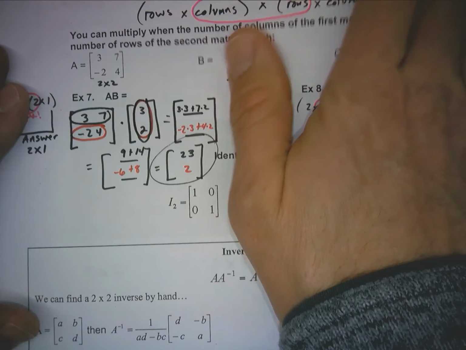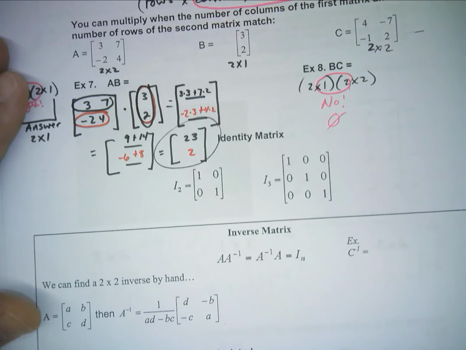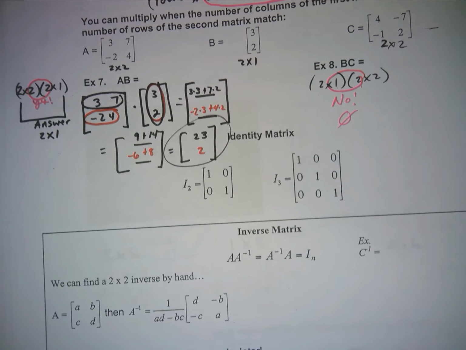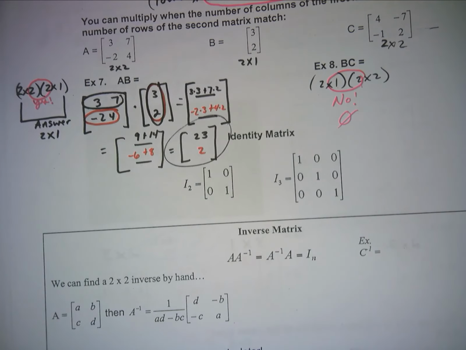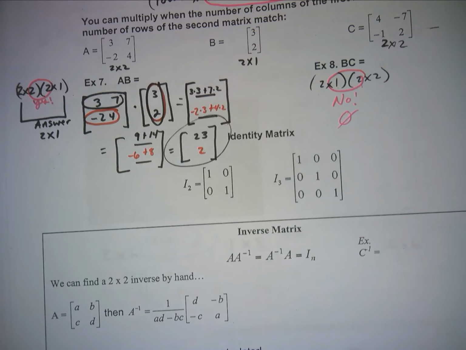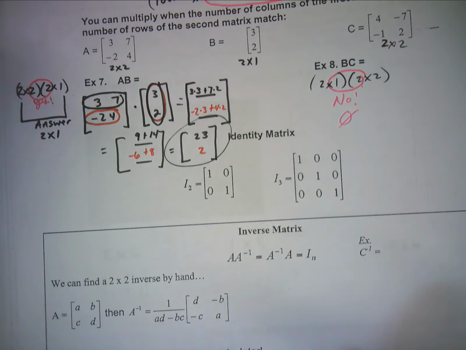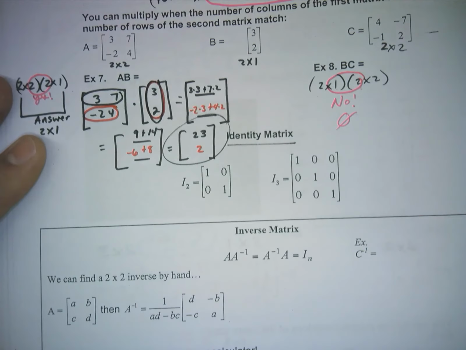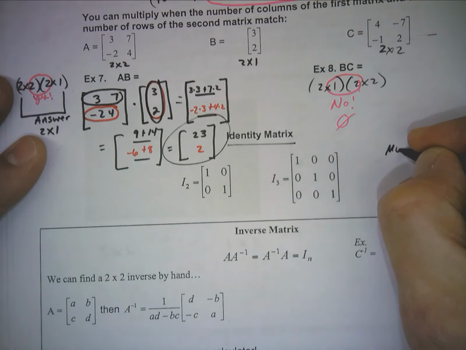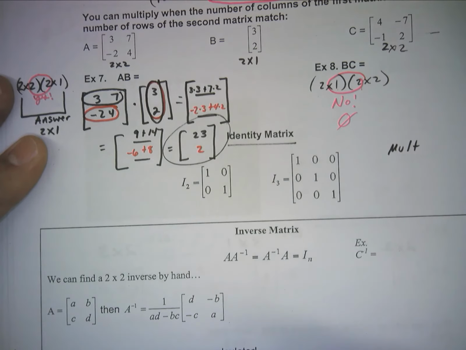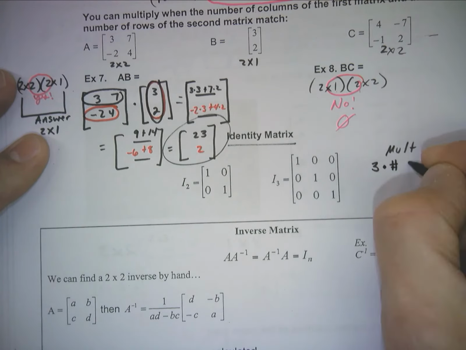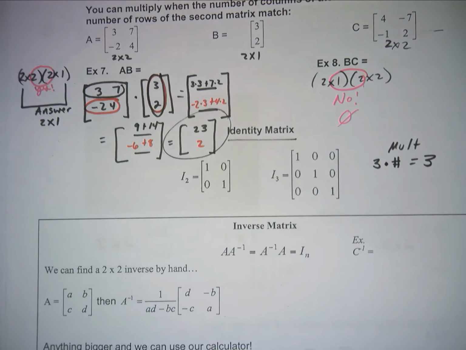All right, next, we got to talk about the identity of multiplication, and then we can talk about the identity of a matrix. Okay, so as we go through real quick, basic numbers, right? The identity of multiplication. Three times a number will give you 3.